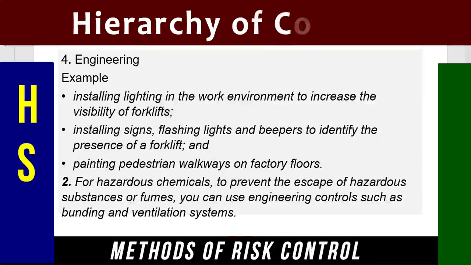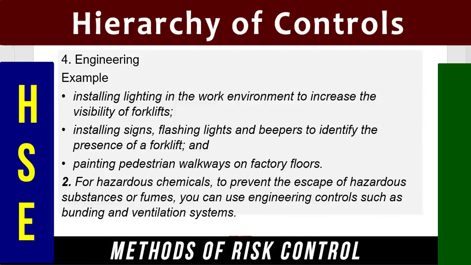Another example of engineering controls: installing lighting in the work environment to increase the visibility of forklifts, installing signs, flashing lights, and beepers to identify the presence of a forklift truck, and painting pedestrian walkways on floors where the work is ongoing or where the forklift trucks are moving from time to time.